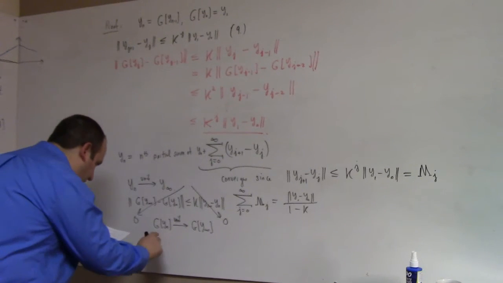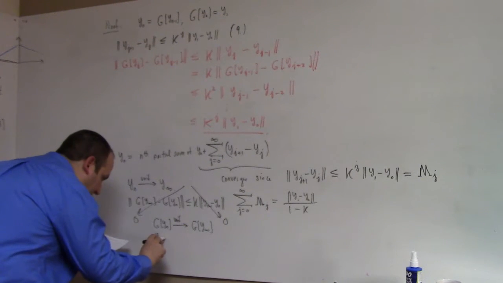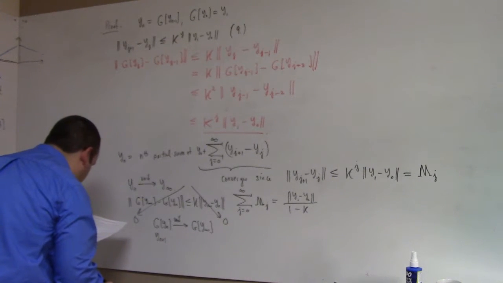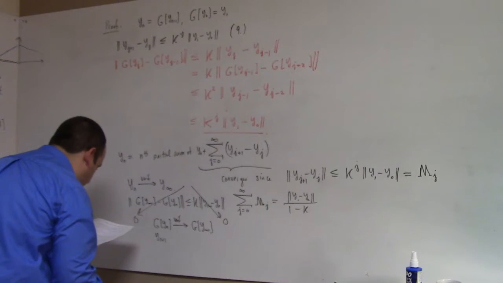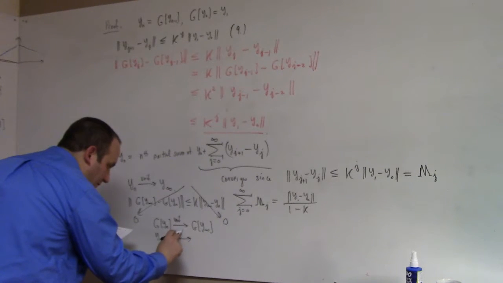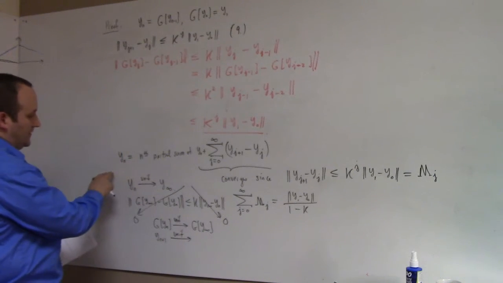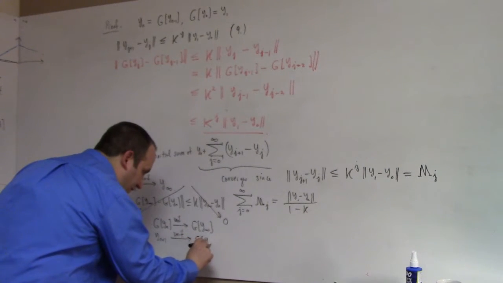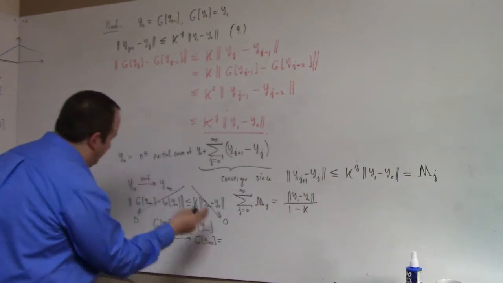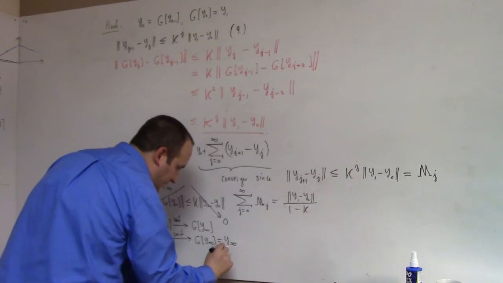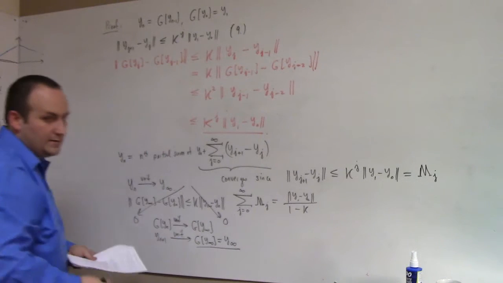But this is what? This is yn plus 1, and that's y infinity. So this uniformly goes to what? Oh, well, we already know that. So this goes to g of that, which is, by definition up here, y infinity. So there you go, fixed point.